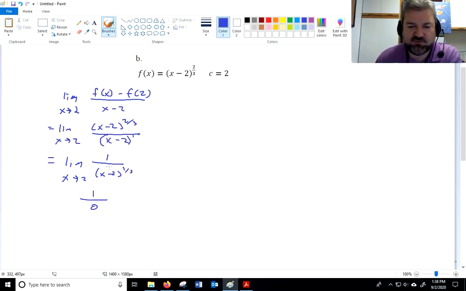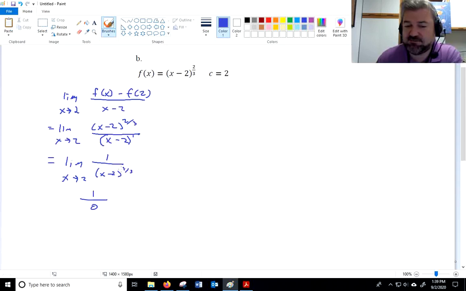And we can look and see which one. If you take the limit as x approaches 2 from the right, you would be dividing 1 by a number. When you plug in a number just bigger than 2, minus 2 is a positive number.